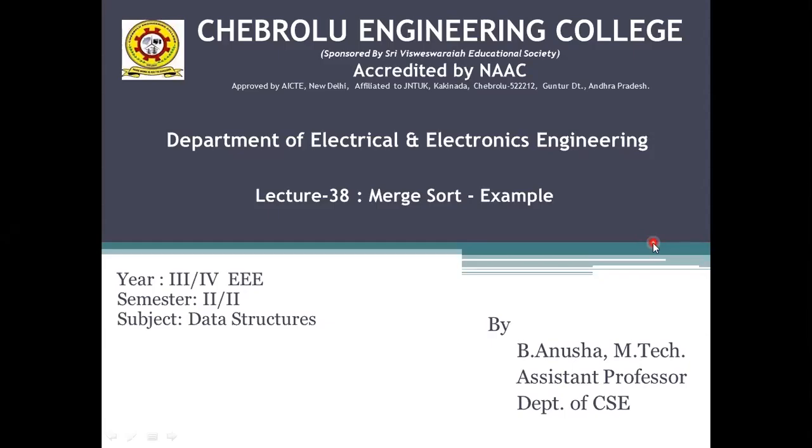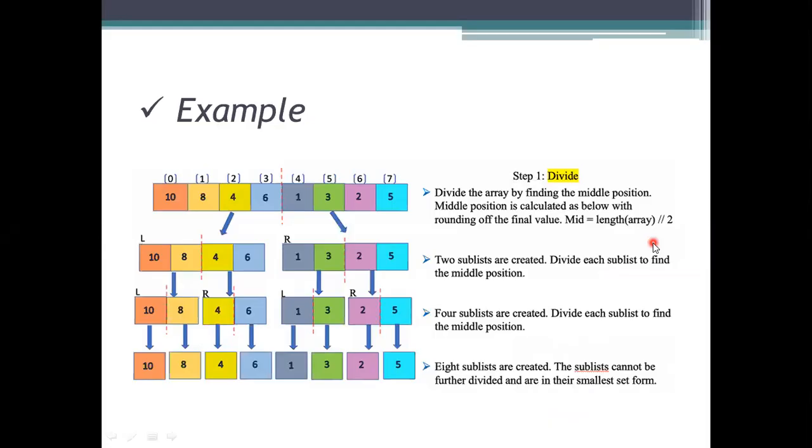Good morning, class. Today we will see an example for merge sort. In yesterday's class, we covered what merge sort is, what algorithm we are using for the processing, and what steps we include while using this method. In merge sort, the first step is we need to divide the array of elements into single elements.